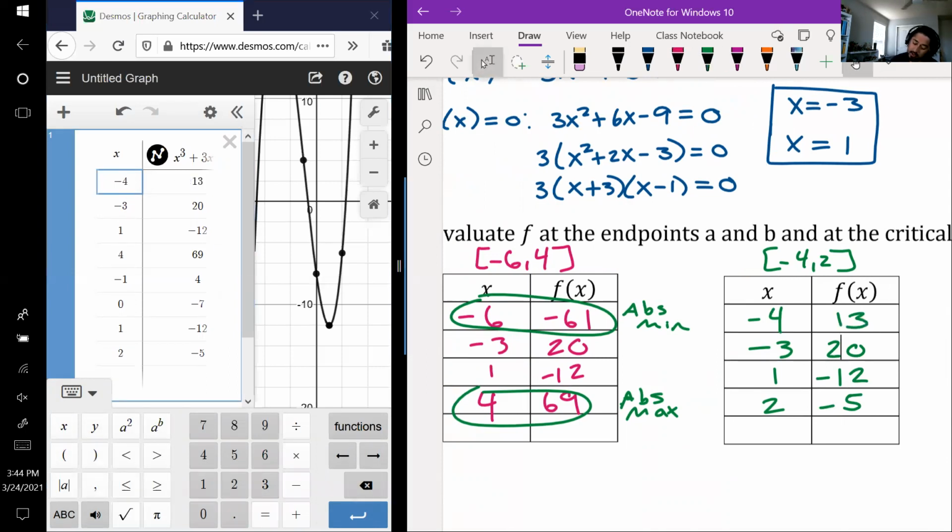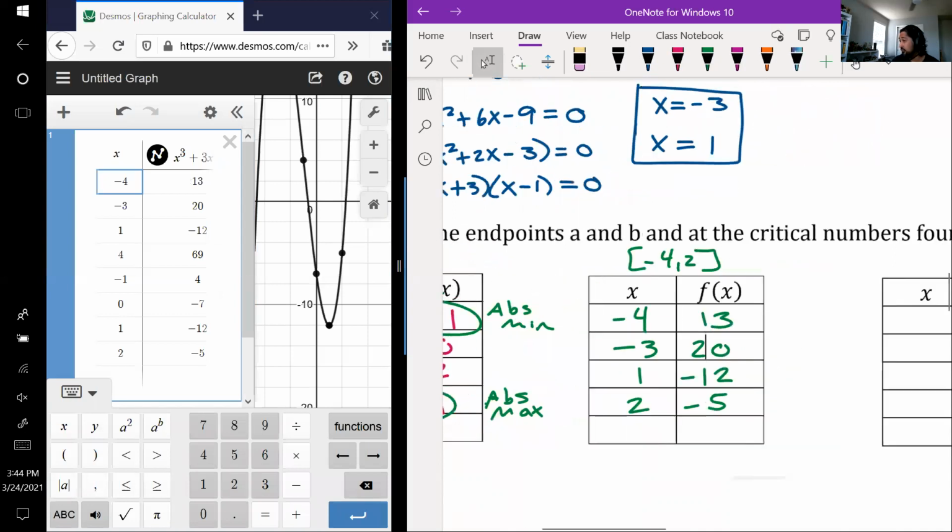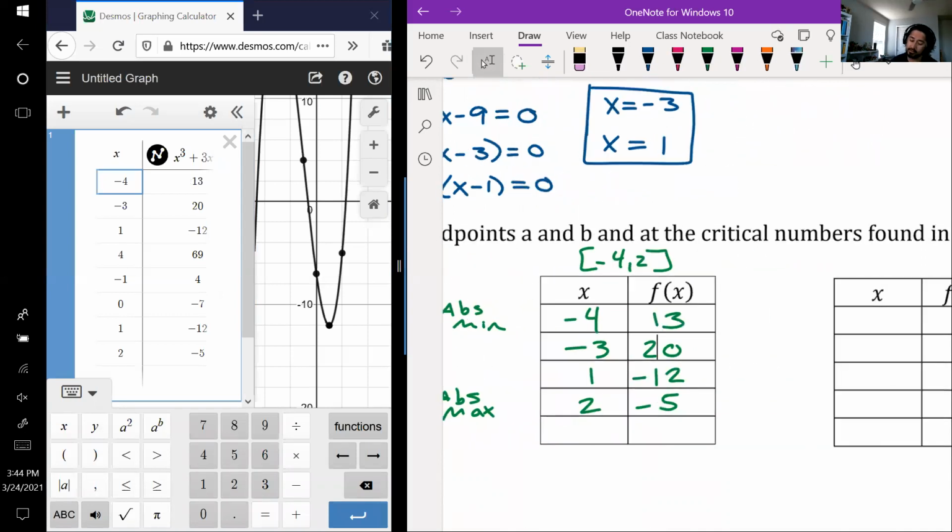Okay. Now looking at this chart, which is the absolute lowest? -12, and the absolute max is 20. Good. Absolute min, and then absolute max. All right, perfect.